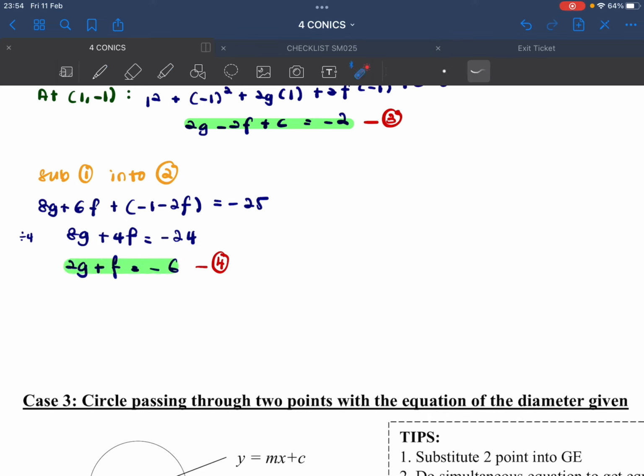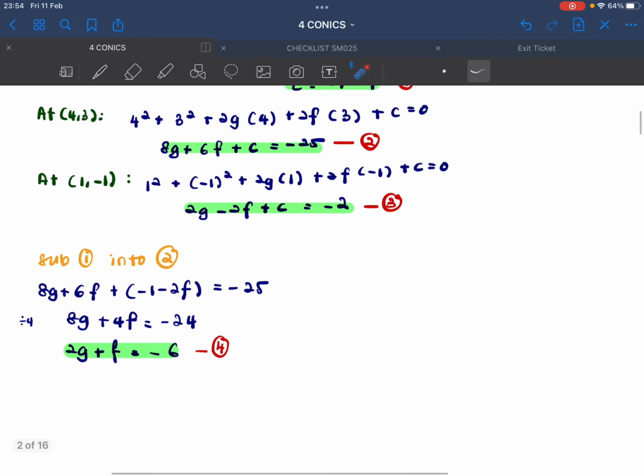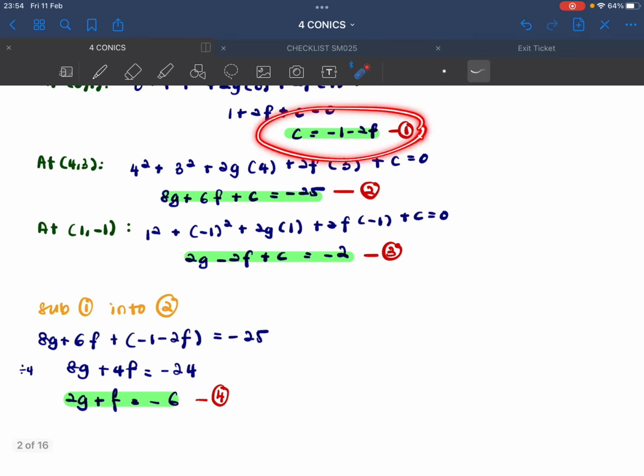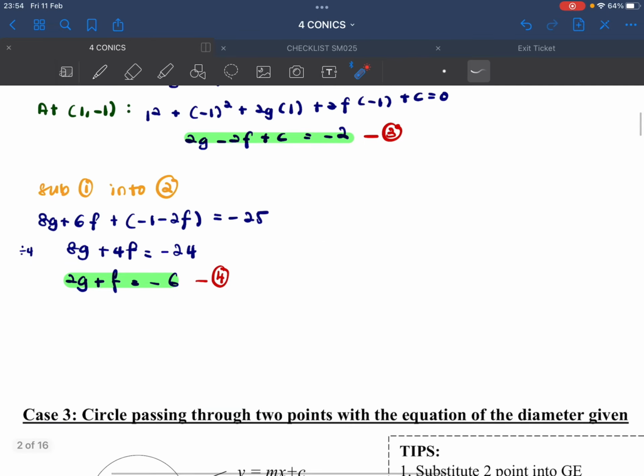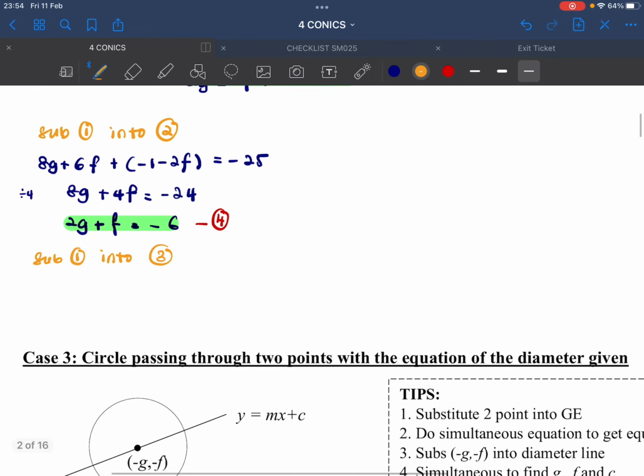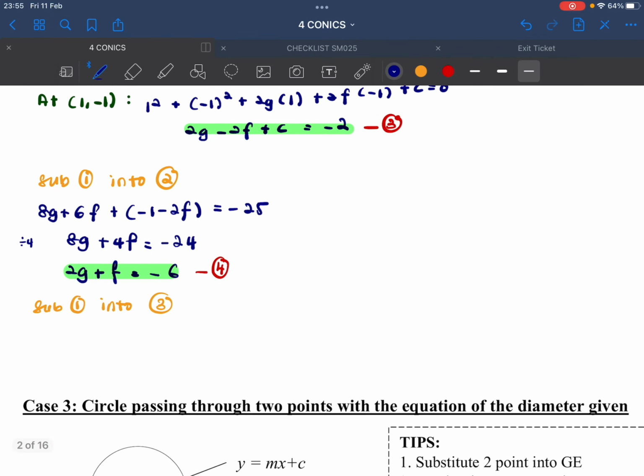And the next part, what we are going to do is substitute the same thing, the first equation into equation 3. So substitute 1 into 3. The first step is substitute 1 into 2, second step substitute 1 into 3. We have 2g minus 2f plus c, negative 1 minus 2f equals negative 2.